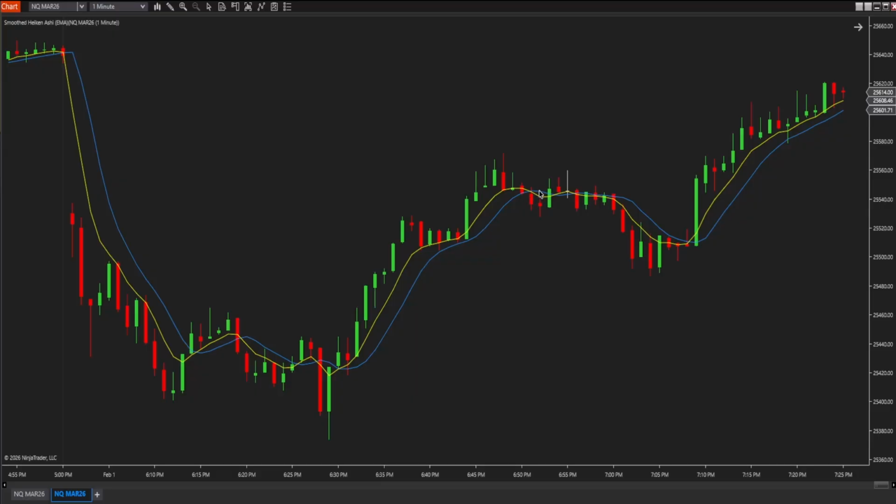Or if you try to sell here, then you get chopped out. You sell here, you might get chopped out again, and then you sell here, and then you might make the move. Don't use this as a crossover buy and sell signal, because I've taken a strategy and back tested it for like 1,000 trades and it wasn't profitable. So please don't do this.